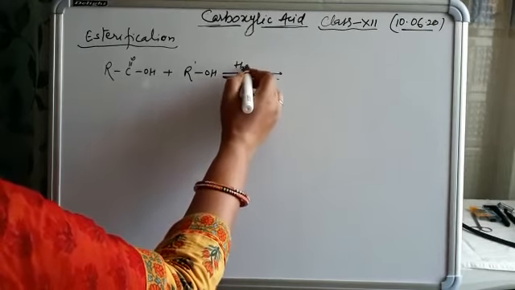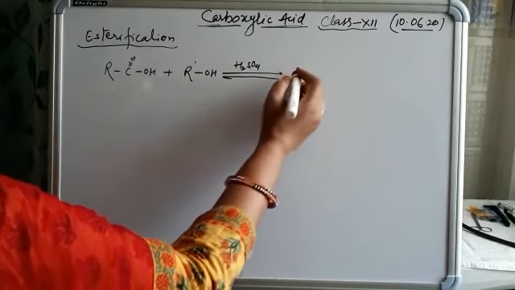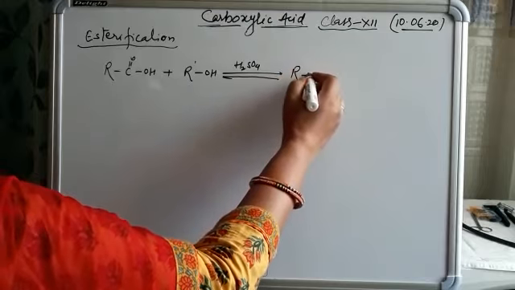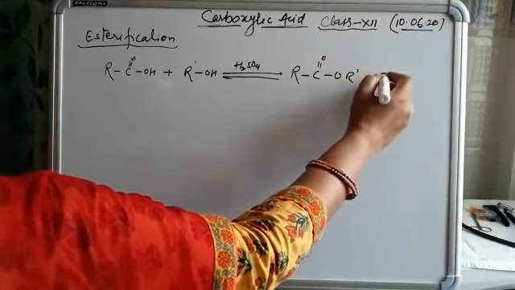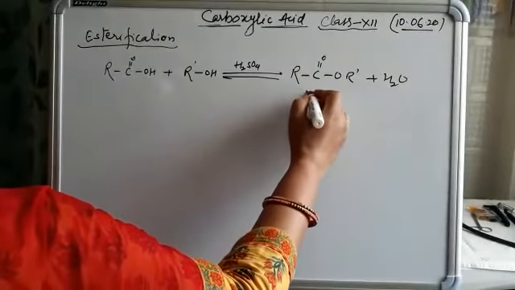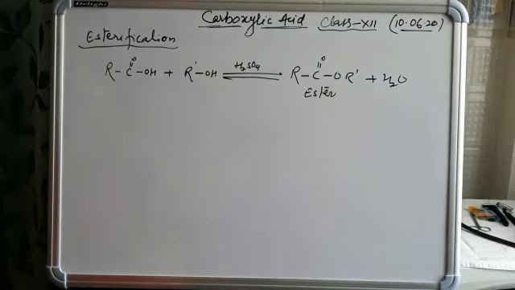In presence of catalyst H2SO4, formation of ester takes place and water is removed. It is an ester. So it is the property of acid, it reacts with alcohol in presence of catalyst H2SO4 to form ester.